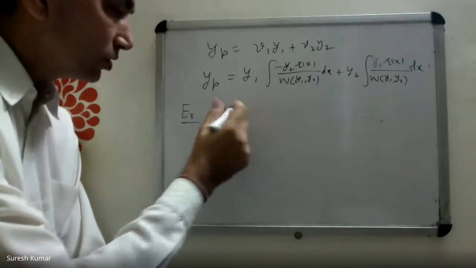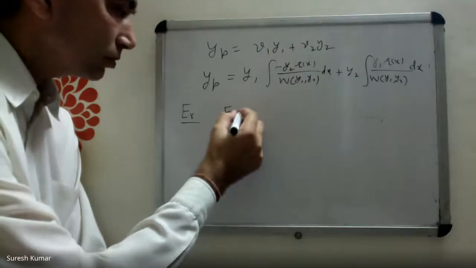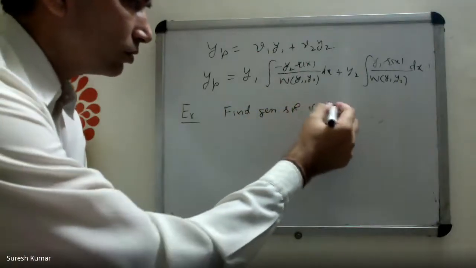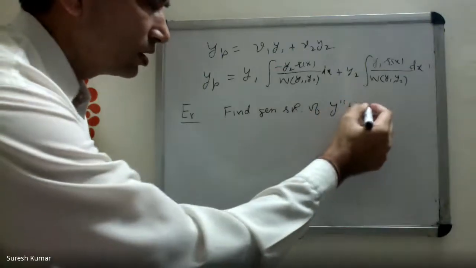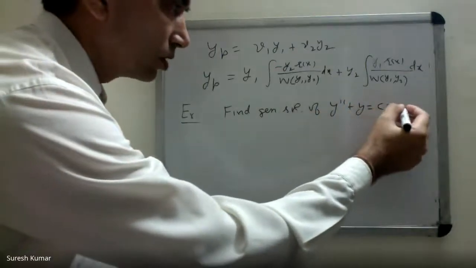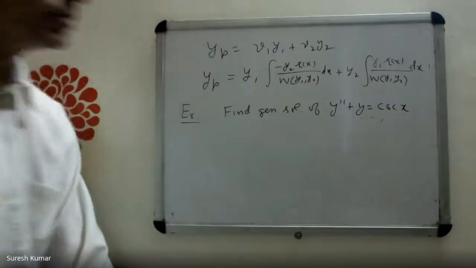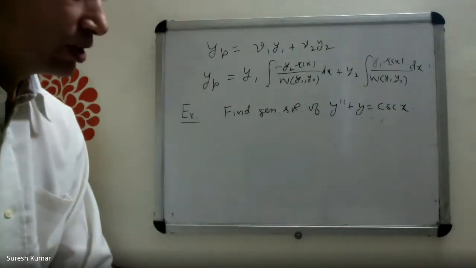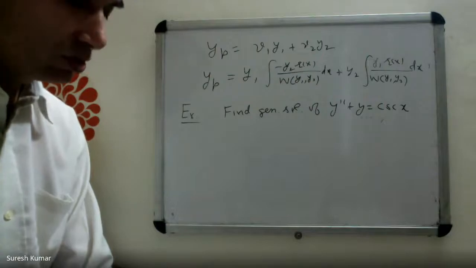Find general solution of y double prime plus y equal to cosecant x.